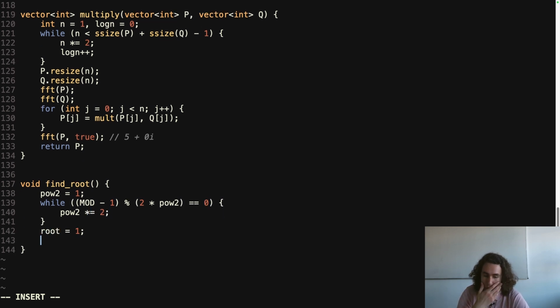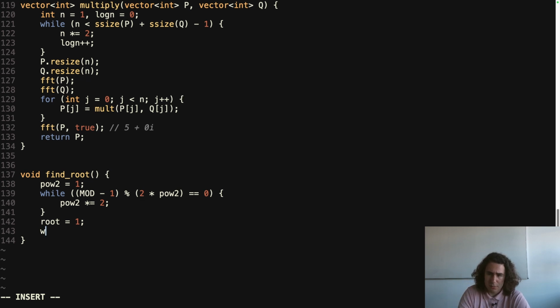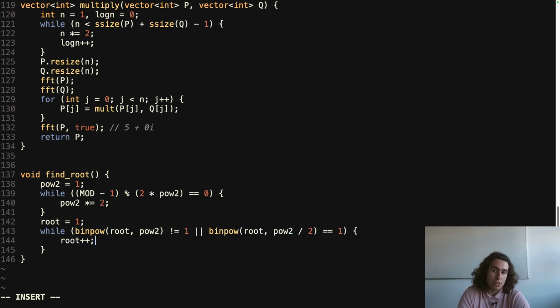And now I just find my root by a brute force search. My number to the power of pow2 should be 1, but to the power of pow2 over 2 should not be 1. So while it's not true that it's 1 to the power pow2 and not 1 to the power pow2 over 2, I need to go to the next root.